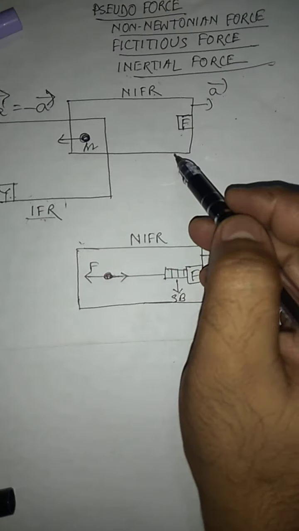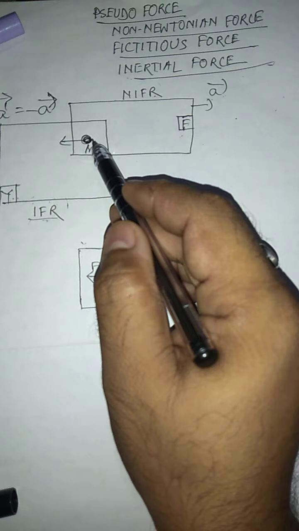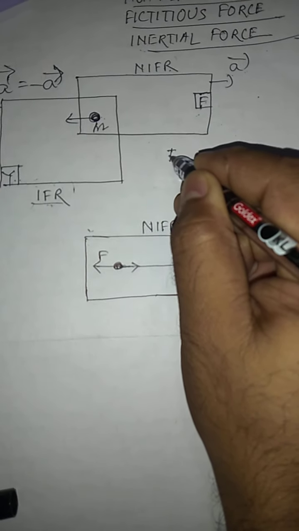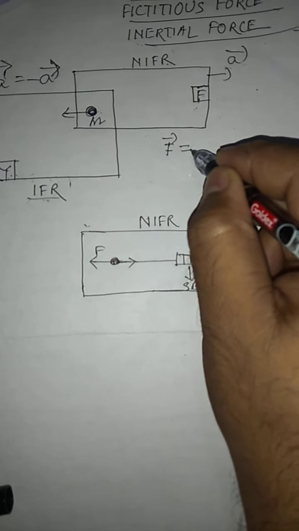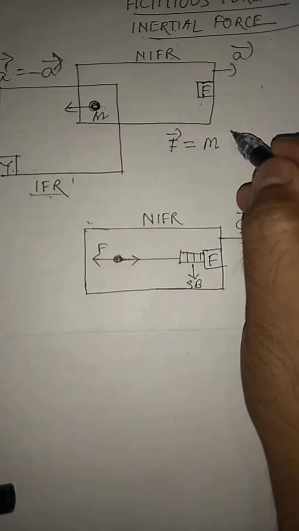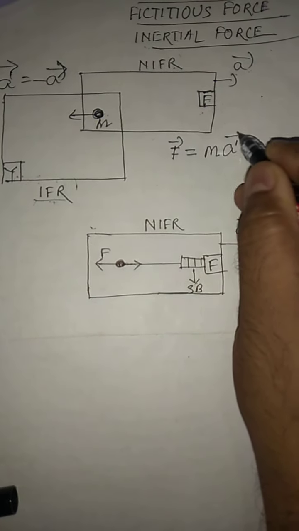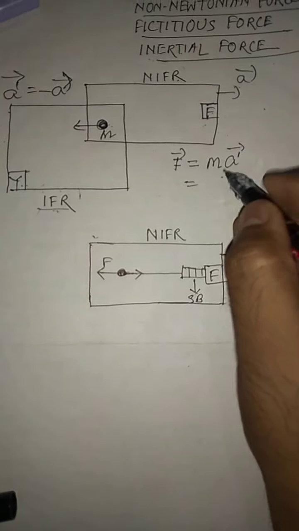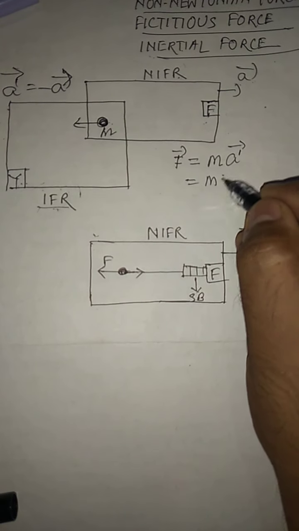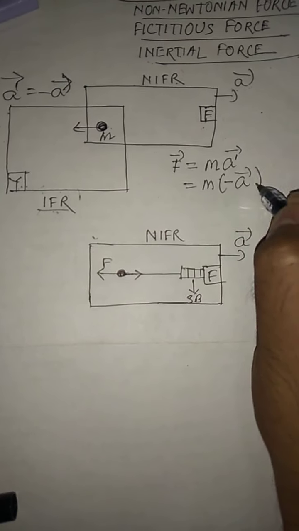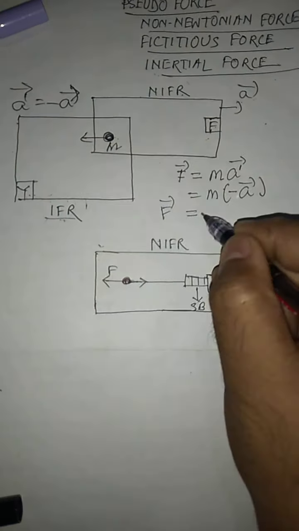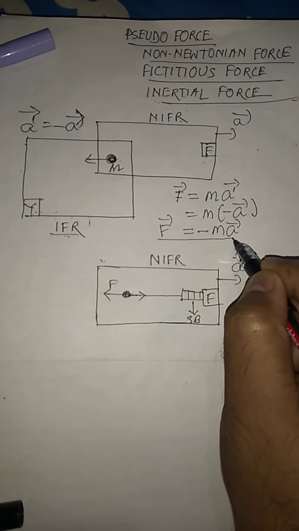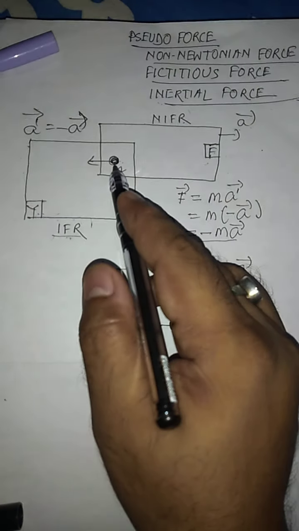Then your friend will think that there must be some force exerted on this object directed to the left, and this force will be F vector equal to the mass of the object multiplied by the acceleration of the object, according to Newton's second law of motion, equal to mass multiplied by minus a vector, equal to minus m multiplied by a vector, and this very force is known as pseudo force exerted on this object.